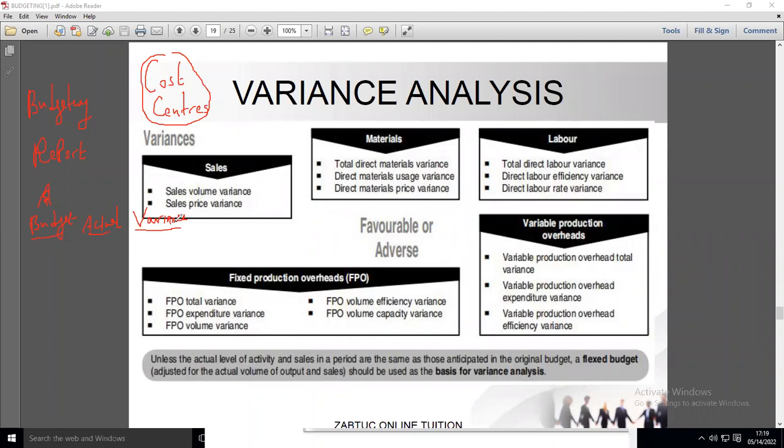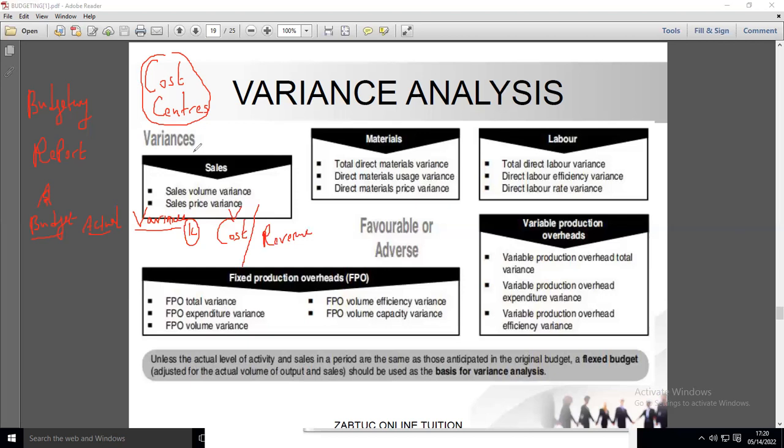There we are. So that's the way a budget control report or performance report will look. What we'll be looking for are the variances. What variances? The cost variances, as well as, in other situations, revenue variances. But in the cost center, the focus will be on your cost variances.